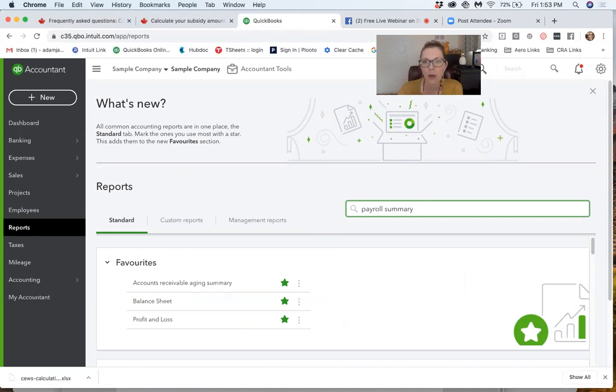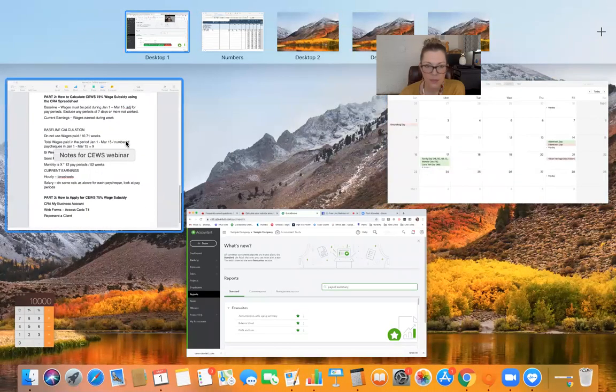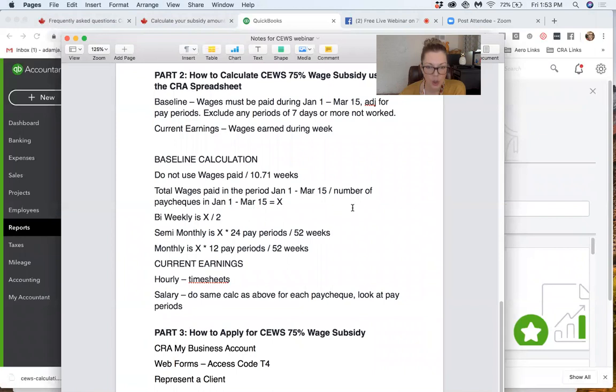And then if you look for that report in QuickBooks and you look at the history, you're choosing custom dates, January 1st to March 15th, and then you'll see all the paychecks that were paid to a particular employee. You can select from a drop-down menu which employee as well. And you'd get their total wages paid in the period of January 1st to March 15th.